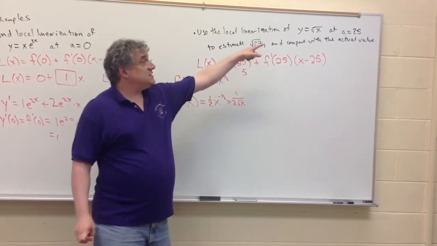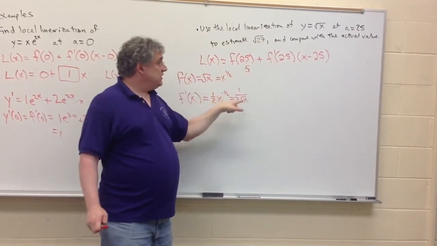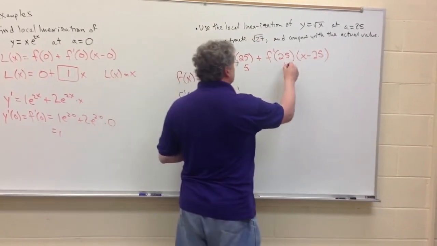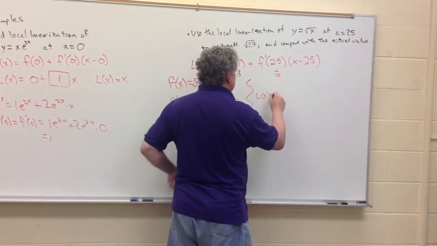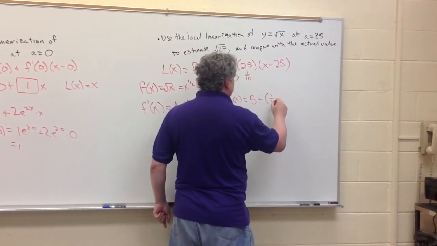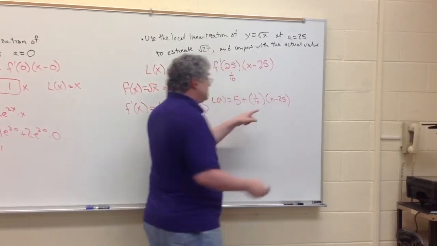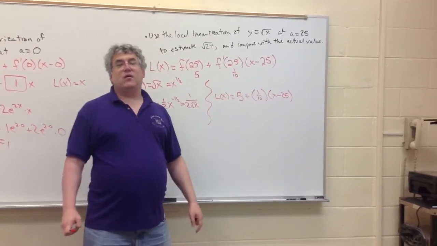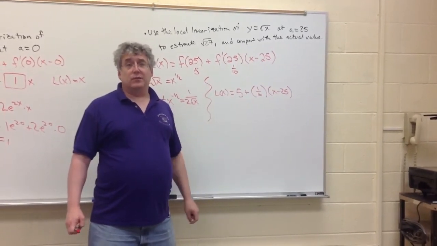In this particular case, square root of 25 is 5, and 1 over 2 times 5 is 1/10. So that means L of x is going to be 5 plus 1/10 of x minus 25. I can multiply that all out and simplify. If I wanted a tangent line, I would, but for our local linearization, this is the right form.